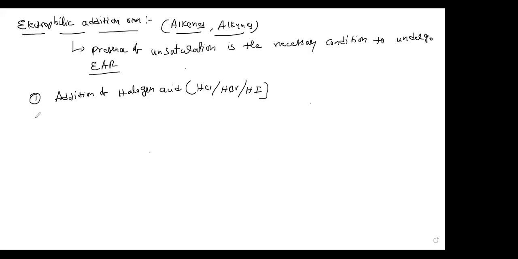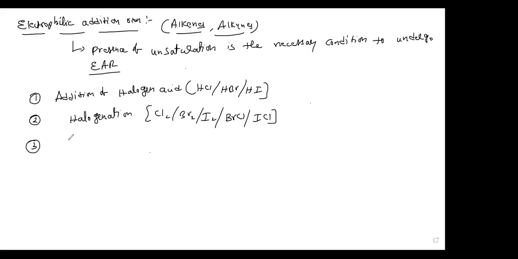Second one, halogenation, like addition of Cl2, Br2, I2, and even interhalogen compounds, like BrCl or ICl. And next we have hydration, which means addition of water.